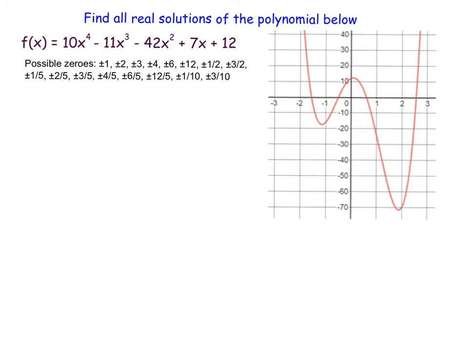So what I've now done is I've listed out all of my possible zeros here, and I've created an accurate graph of this particular situation. Now, I suggest if you do not have a graphing calculator that one, you borrow a graphing calculator in class, or two, if you're at home, you utilize the graphing website Desmos.